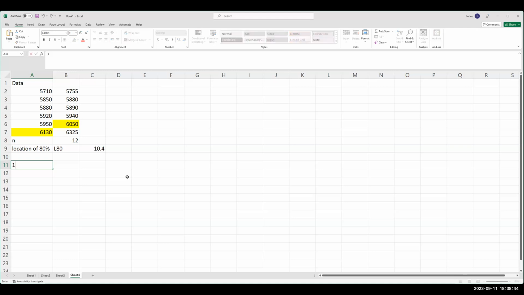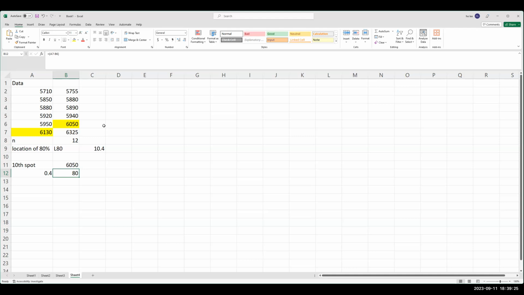The 10th spot is equal to this, and it's 0.4 bigger than this one. What you have to do is figure out what I mean by 0.4 bigger. We need to figure out the gap between this one and this one, which is 6130 minus 6050. The gap is 80, between the 10th spot and the 11th spot.